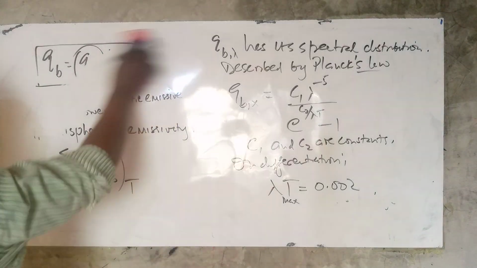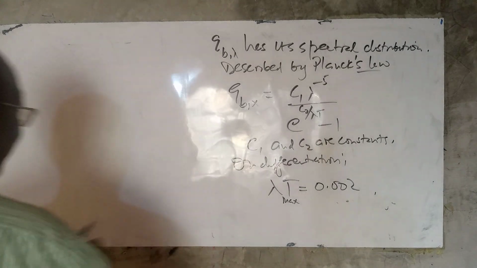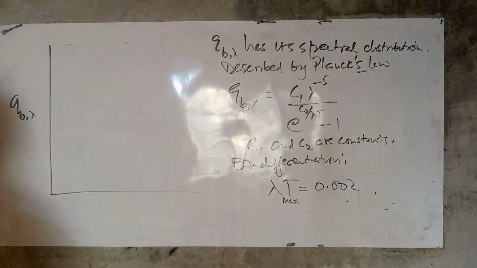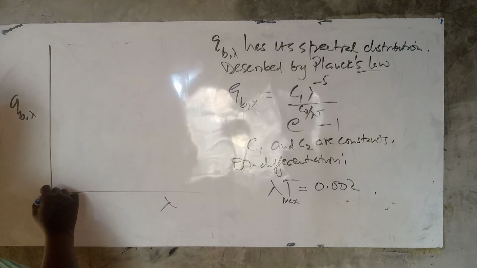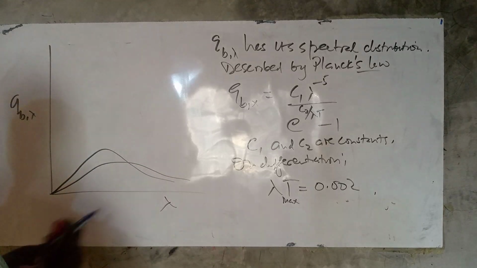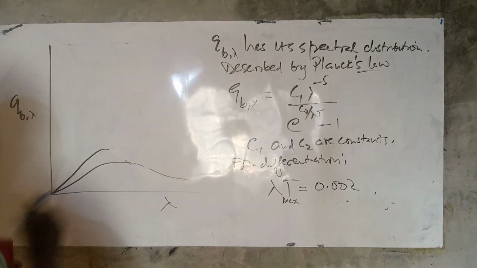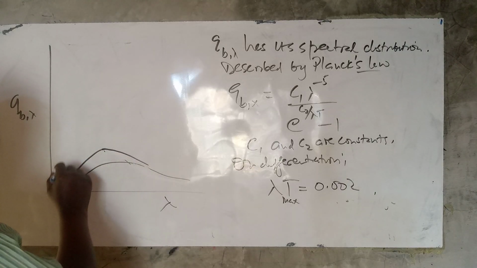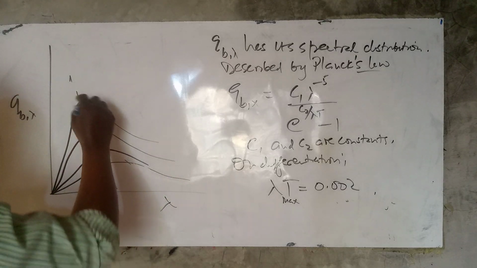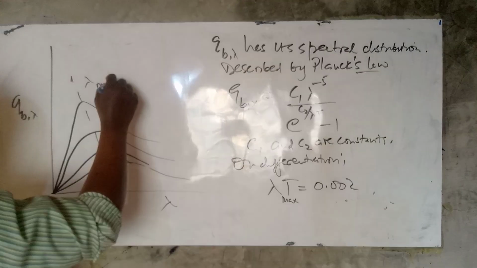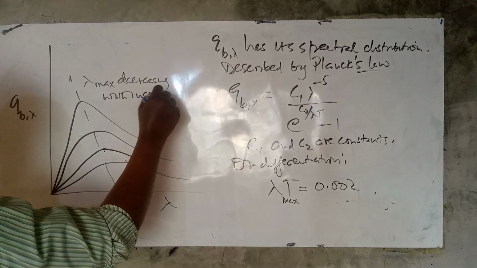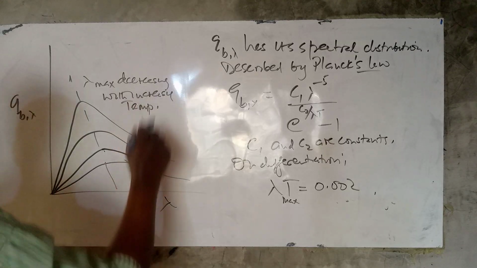And that lambda max profile, we have the monochromatic emissive power against the wavelength, and you're going to see that the lambda max is decreasing with increasing temperature in general.